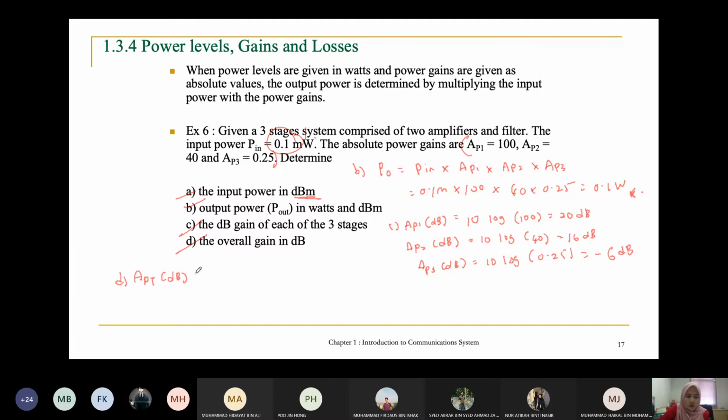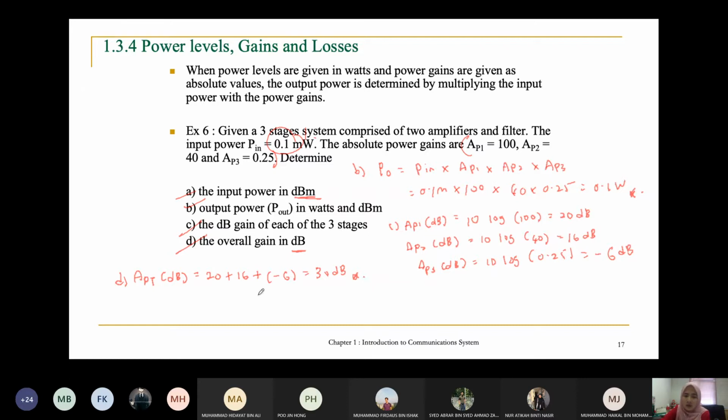To find the AP total, you can just directly add these values, because the question asks you to find the answer in decibel. So AP1 plus AP2 plus AP3: 20 plus 16 plus, don't forget you have a negative over here, so negative 6. The answer is 30 decibel.